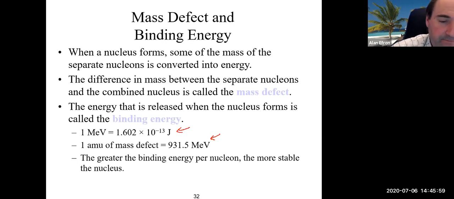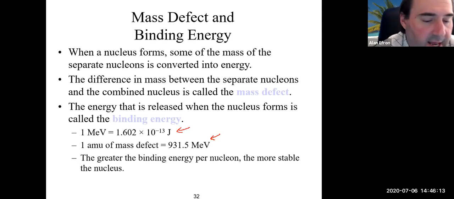Why is binding energy important? When you calculate the binding energy per nucleon, the higher the number, the more stable that isotope is. So this is another way people can look at stability, is to calculate the actual binding energy. The higher the binding energy per nucleon, the more stable that isotope will be.